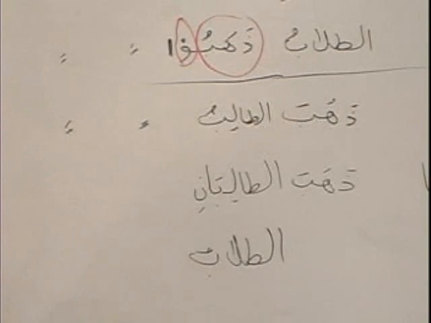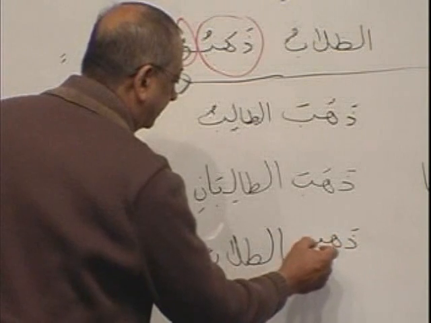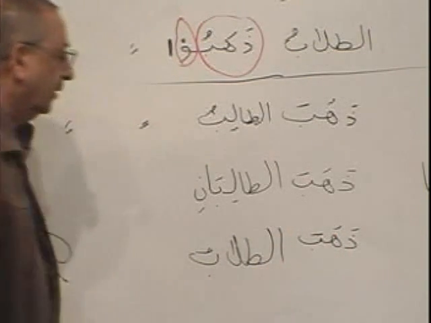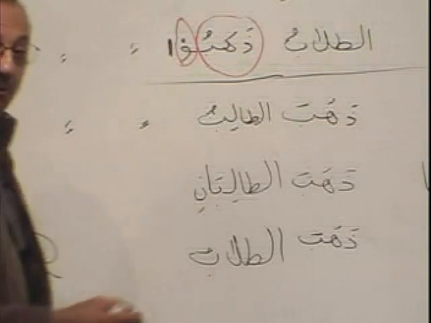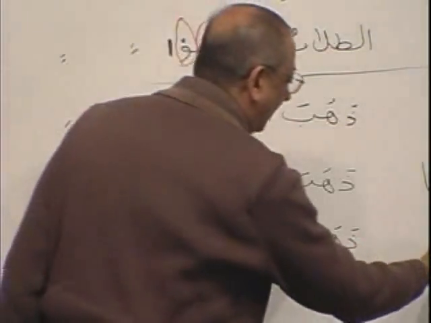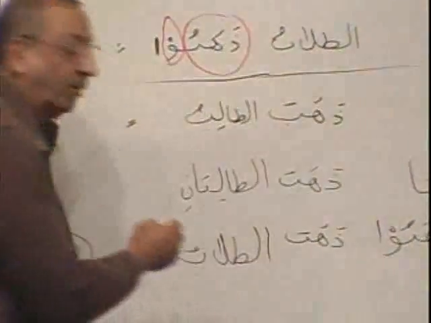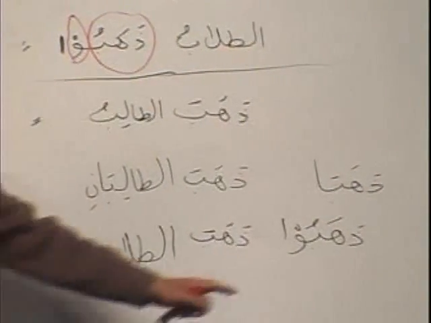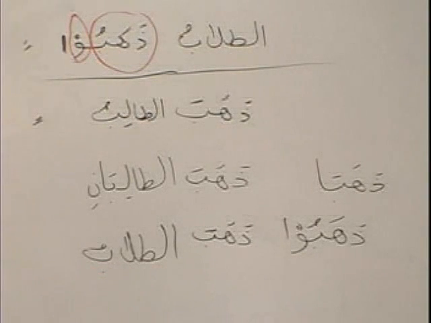Again zahaba. Many of you will be tempted to say zahabu at-tullabu, because you say it's a jama, so I use jama. If you say zahabu at-tullabu, brothers and sisters, you have a fa'il here and you have a fa'il here. You can't have two fa'ils in a sentence.